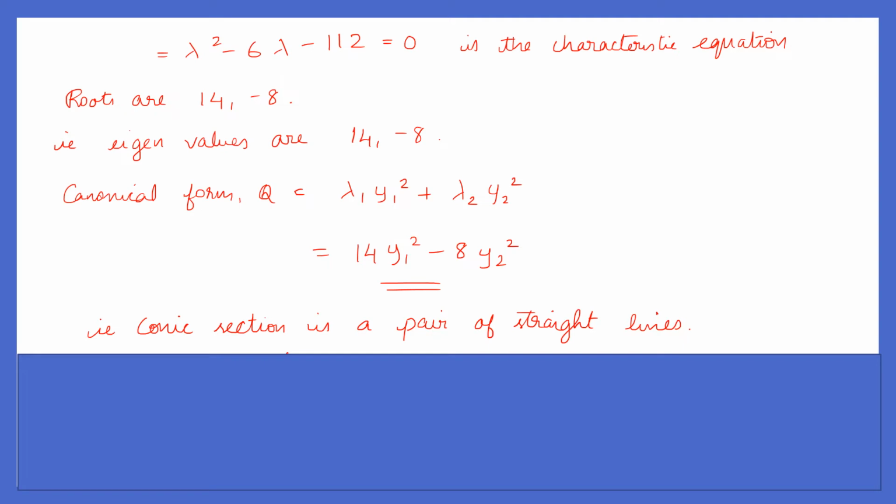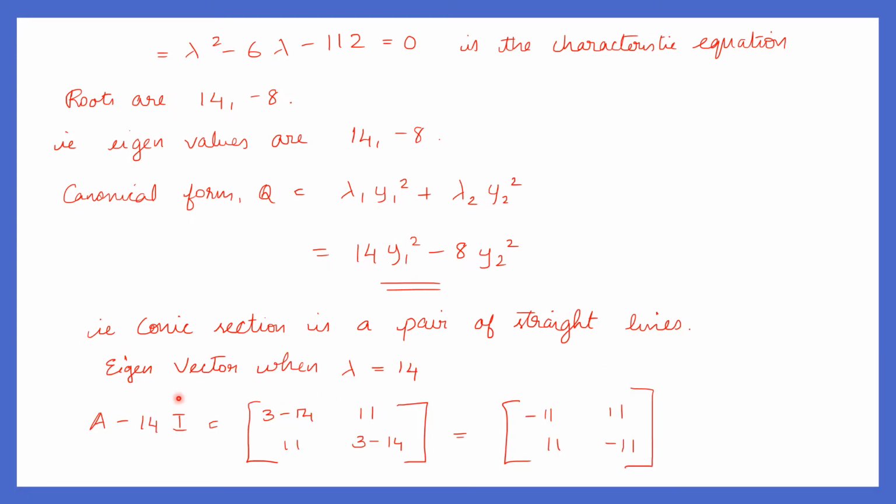Now we have to find out the transformation to principal axis form. For that we have to consider the eigenvector for lambda equal to 14. We have to consider the first eigenvalue, that is lambda equal to 14. For that we have to calculate A minus 14I. So the change should happen on the diagonal elements: 3 minus 14, 11, 11, 3 minus 14.